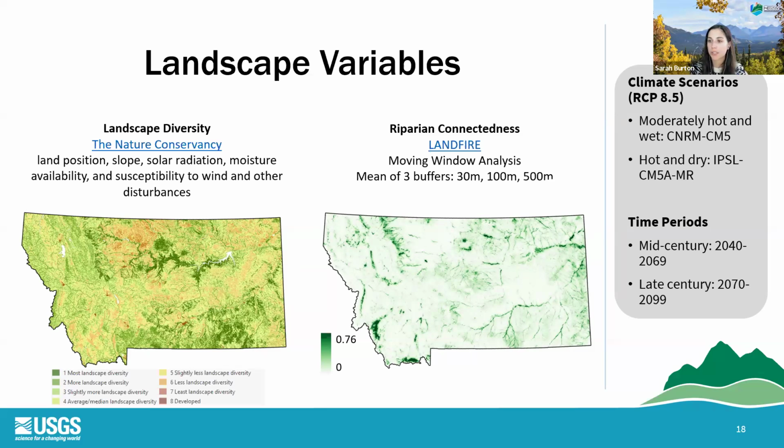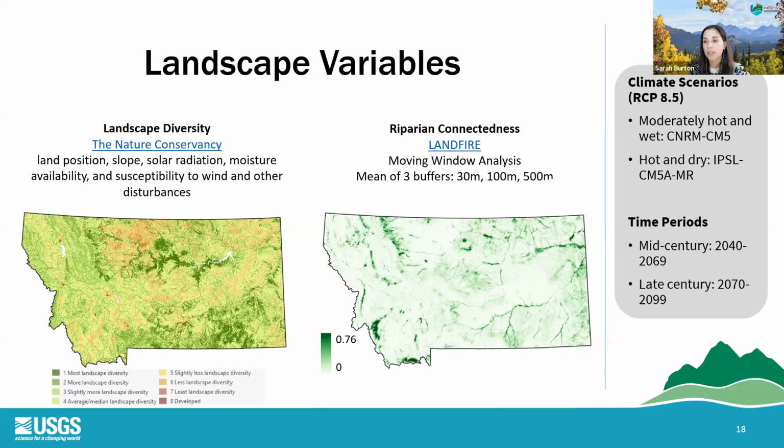And then the other one that I mentioned is riparian connectedness, again produced by US Forest Service land fire data set using the moving window analysis function in ArcGIS Pro. Which looks at the landscape that you identify and says how connected is it, how close is it to how many cells are of a certain value within the distance that you set.